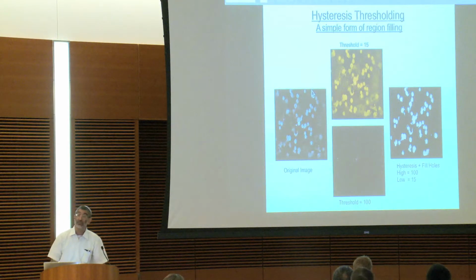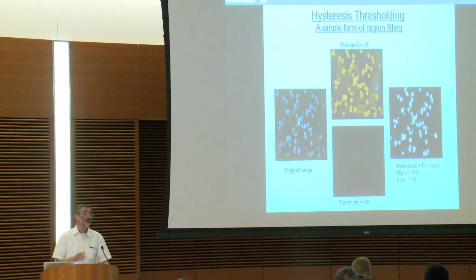What it does is it says, well, we want to segment with a threshold of, let's say, 20, but doing so picks up all kinds of background, which we don't want. However, the cells have background of 20 in them, but they also have strong spots in them.